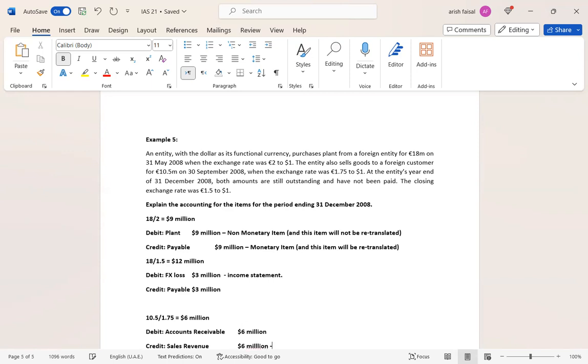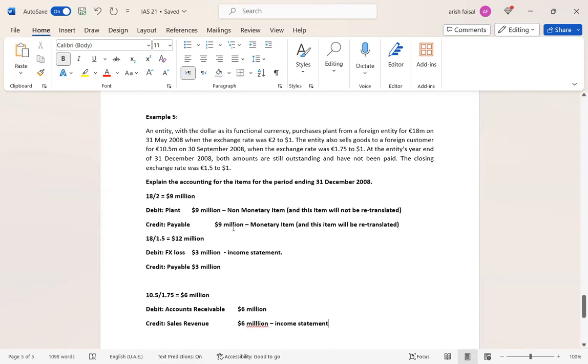Now, this 6 million will be in your income statement straightforward, but this account receivable, because it's unsettled, you have to retranslate at the year end rate, which is 1.5. 10.5 divided by 1.5 will give me 7.